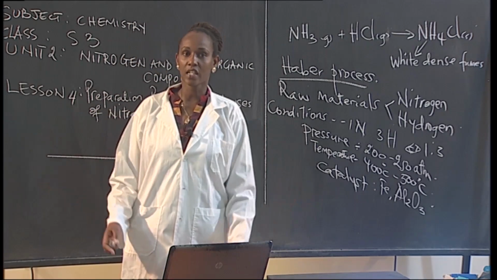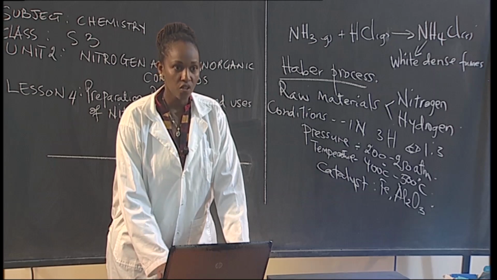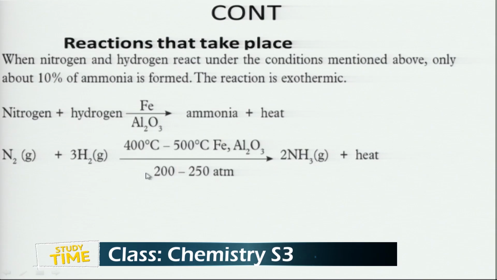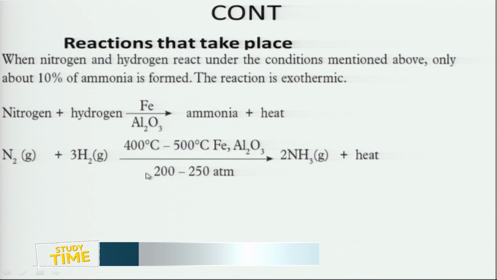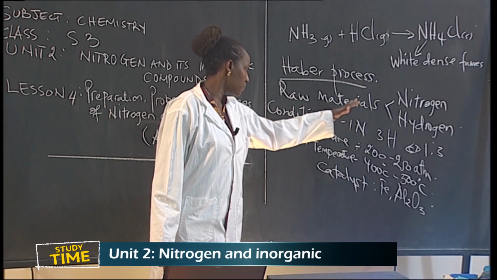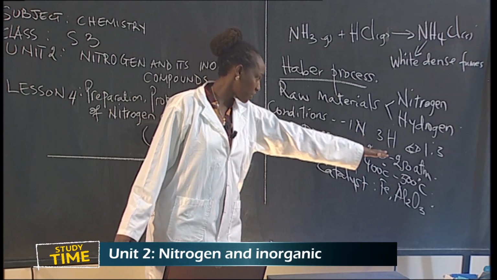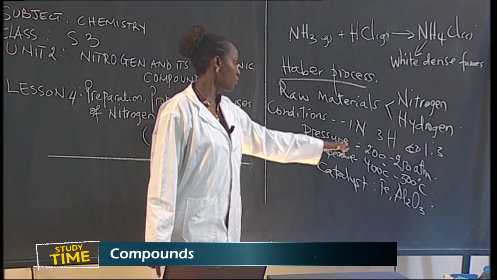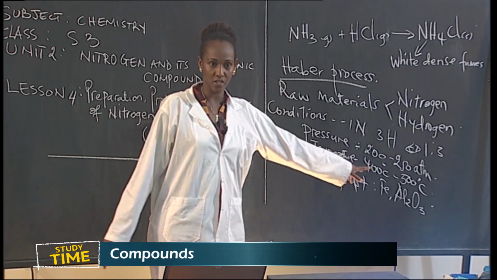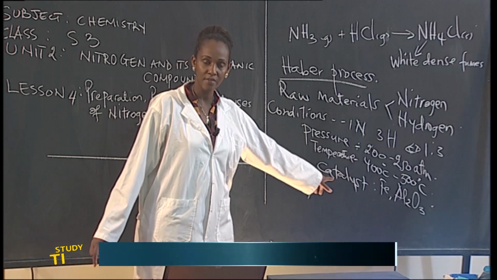So the reaction that takes place, the equation of reaction. Look on the slide. When nitrogen and hydrogen react under the conditions we have mentioned, what are those conditions? Presence of nitrogen and hydrogen, pressure of 200 to 250 atmospheres, temperature of 400 to 500 degrees Celsius, and a catalyst, aluminium oxide.